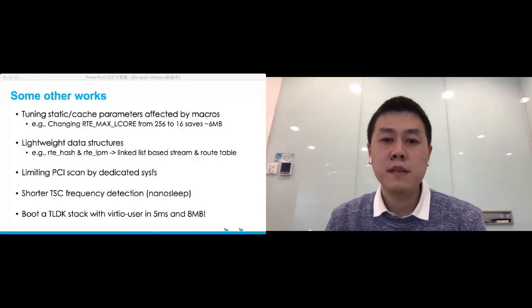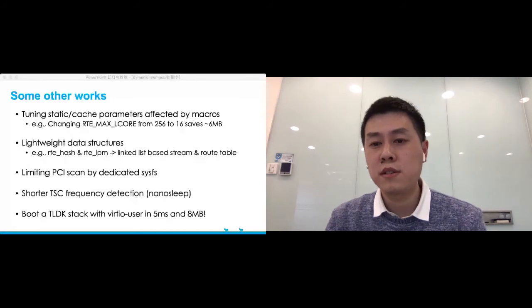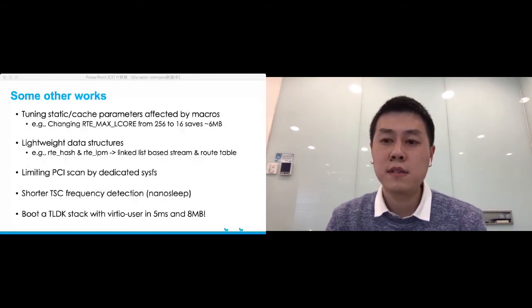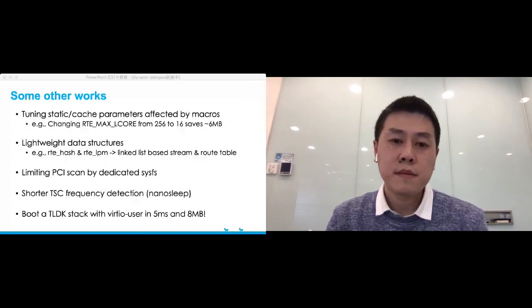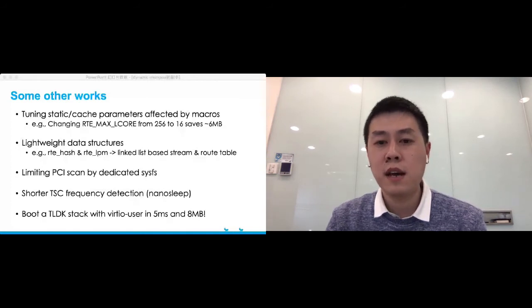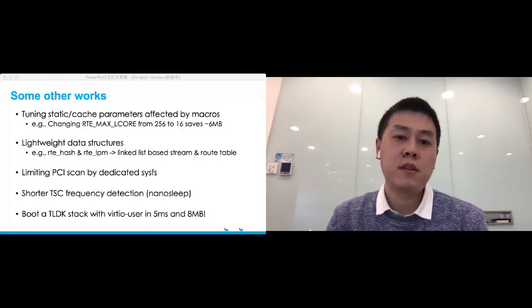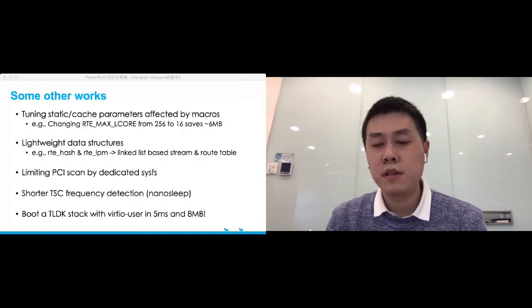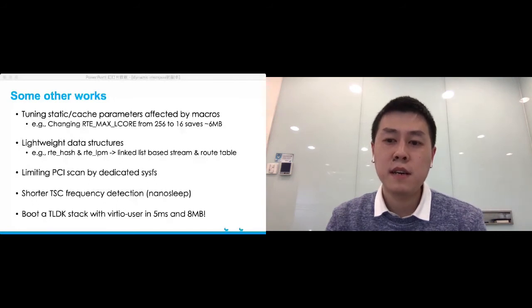And we limited PCI scan time by mounting a dedicated sysfs, which only includes the files of devices for the current stack instance, to speed up the PCI scan. We also shortened the TSC frequency detection time in initialization by taking a shorter sleep. With all these optimizations and customizations, we could boot a DPDK stack with virtio in about 5 milliseconds and about 8 megabytes.